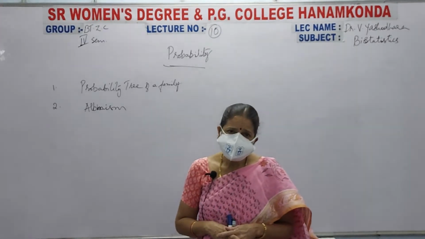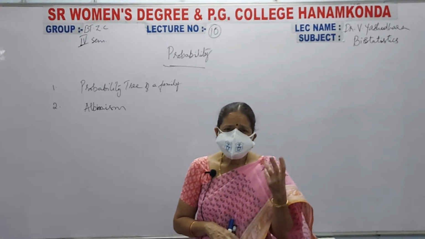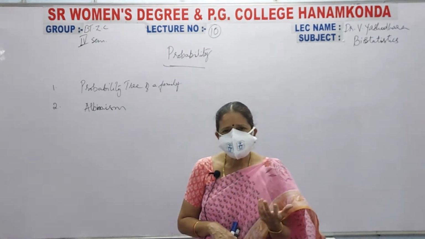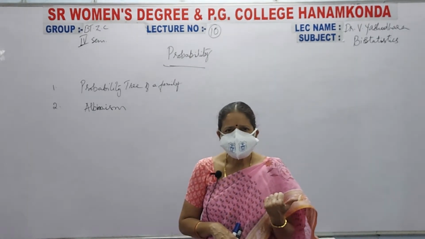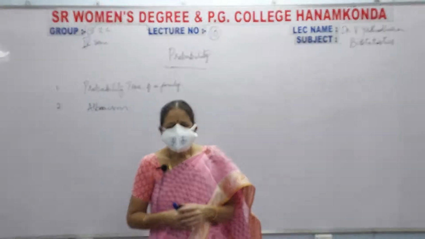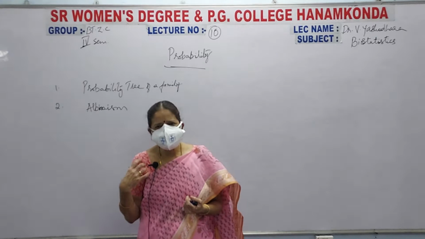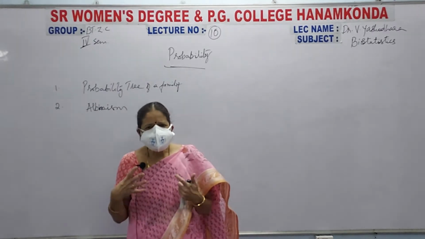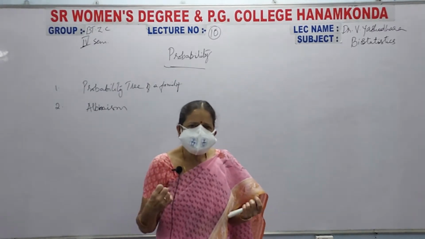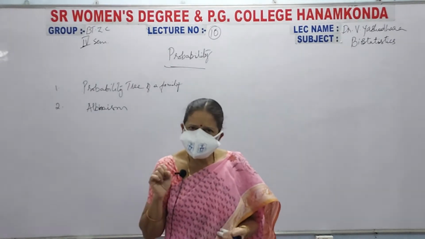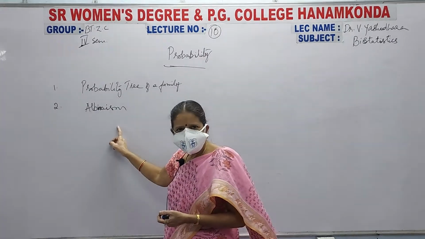Why does he become like that? Because of melanin pigment degradation. They do not have melanin pigment in their body. Because of the non-availability of melanin pigment, they become that white, and that whiteness is a disease. That disease is known as albinism.